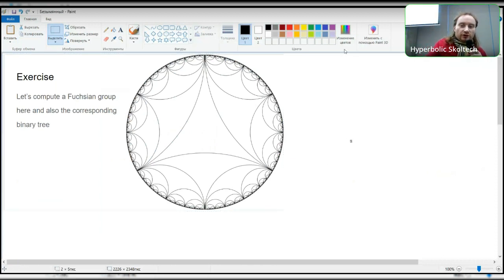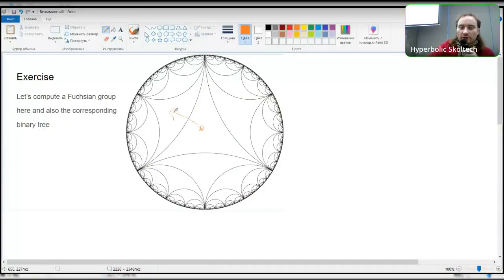So what do we do here? We need to construct a group of transformations that will send our ideal triangles to each other. This is first. The second thing is, you have a point in your triangle, and there will be lots of reflections.